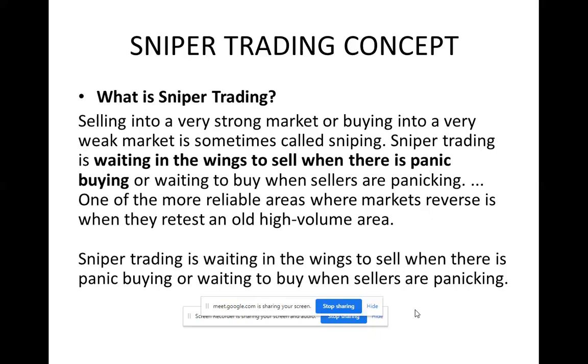When a sniper trader wants to enter a trade, what are they doing? They are selling into a very strong market or buying in a very weak market. Sniper trading is waiting in the wings to sell when there is panic buying, or waiting to buy when sellers are panicking.